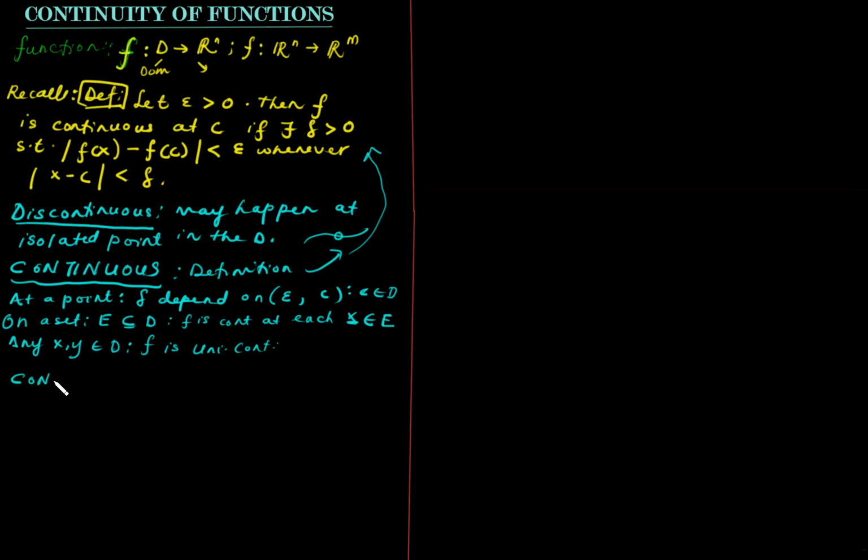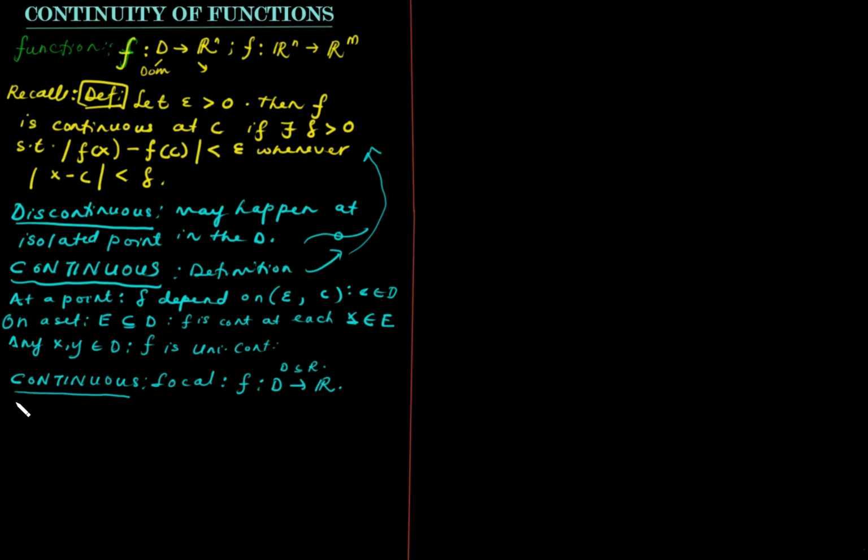We call a function continuous, and in some of the books I have read, it says local, or just continuous at a point. Suppose in this case f goes from D to R, where D is a subset of R, of course.